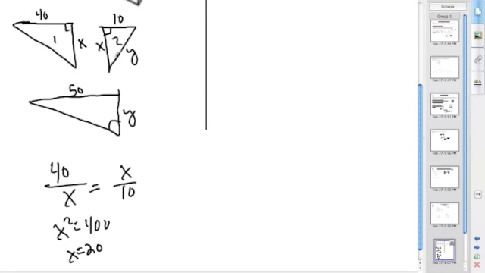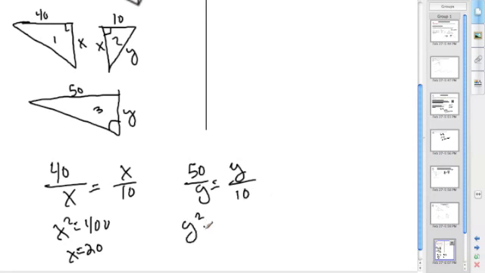To solve for y, I'm going to pick the two triangles that have y. In triangles 2 and 3, I know the 50 gets compared to y, and y gets compared to 10.